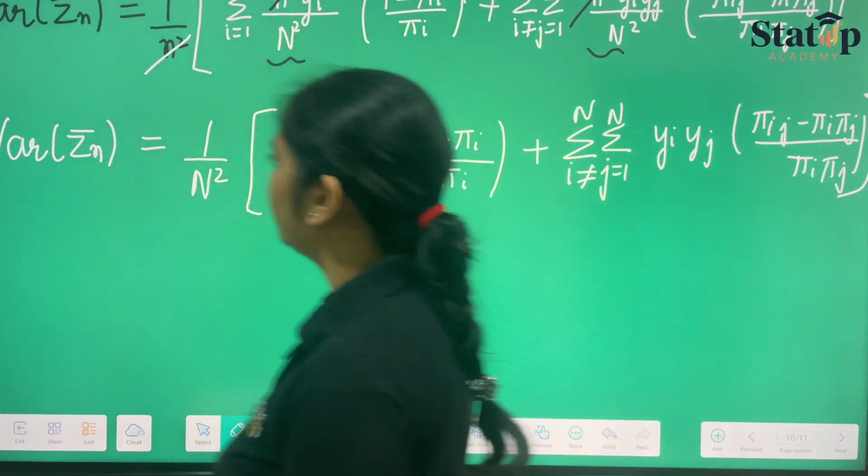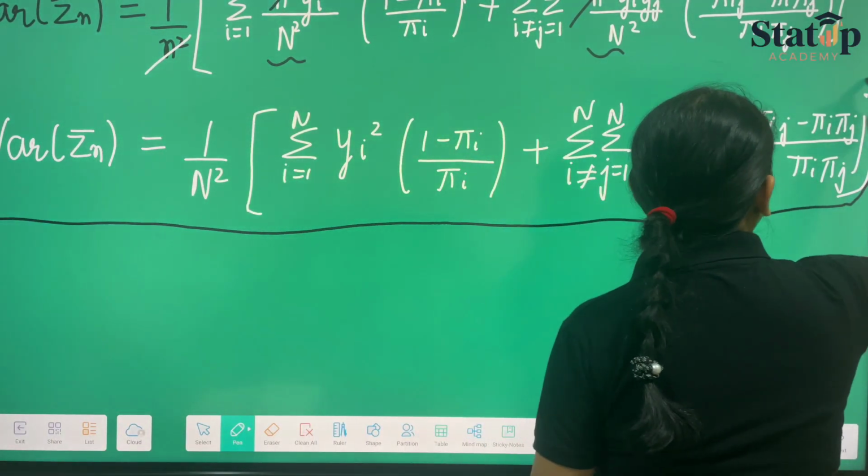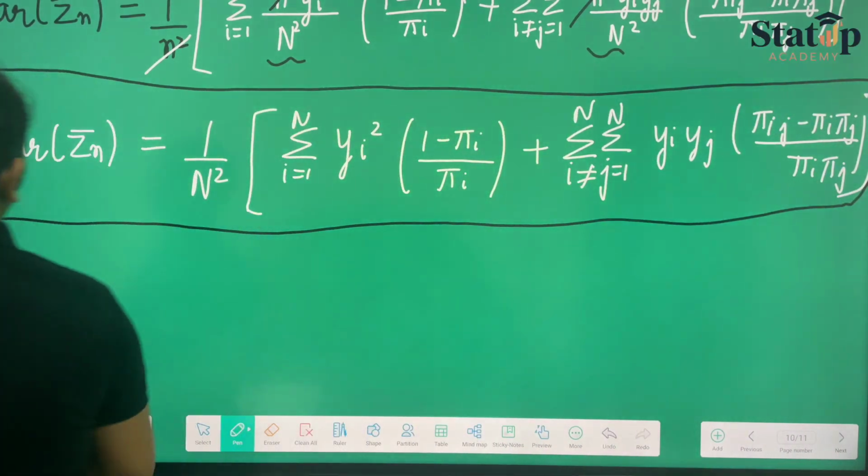So this is the formula of our variance of the Horvitz-Thompson estimator, and it has been asked many times in examinations. It is very important.